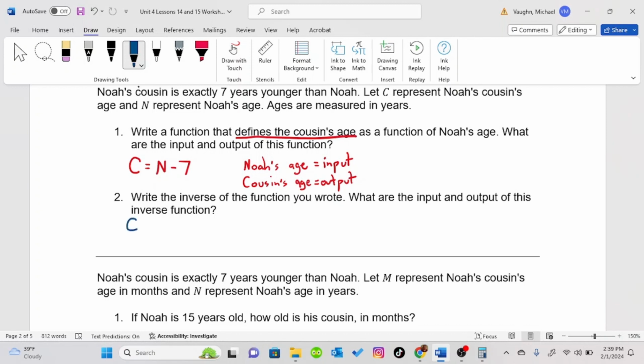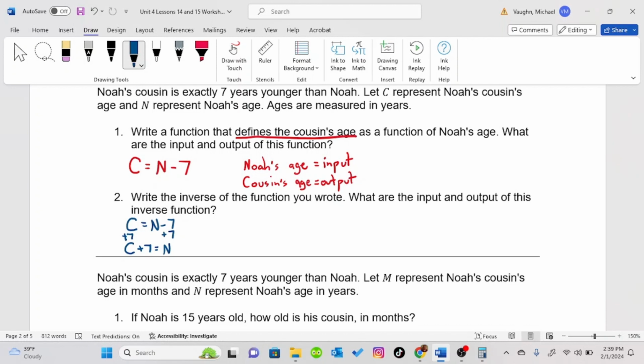To do this, I'm going to take the original equation and move this 7 to the other side. So now I have an equation that says C plus 7 equals N.